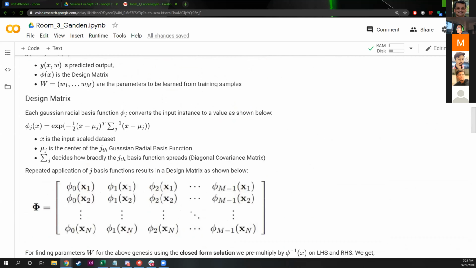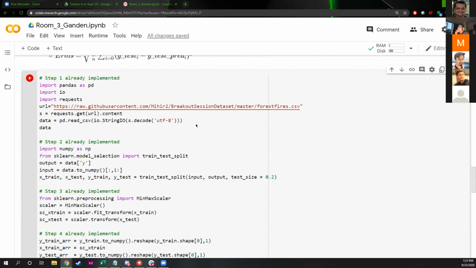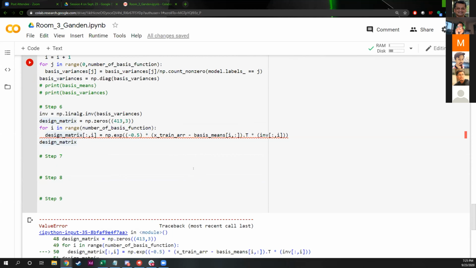Yeah, but that's the covariance matrix, so that's just a notation. That's the variance matrix which he computed in the basis variance, so we just need to take the inverse of that. He said that we have to multiply it again with the inverse of the basis matrix. That's my understanding.